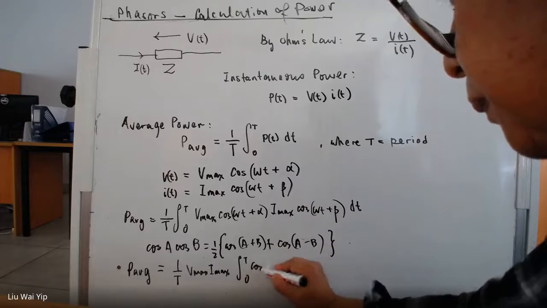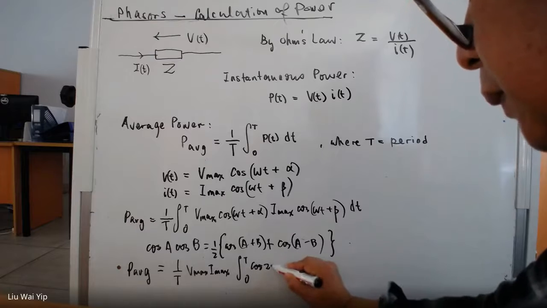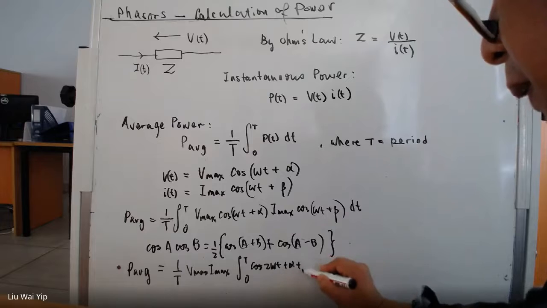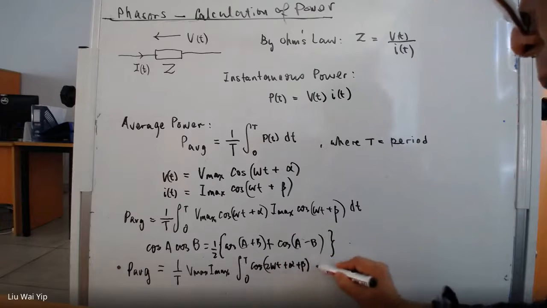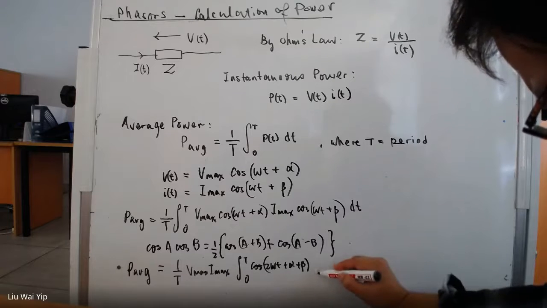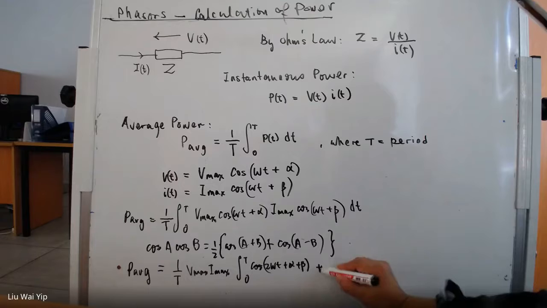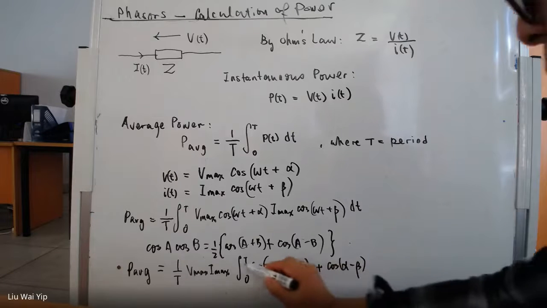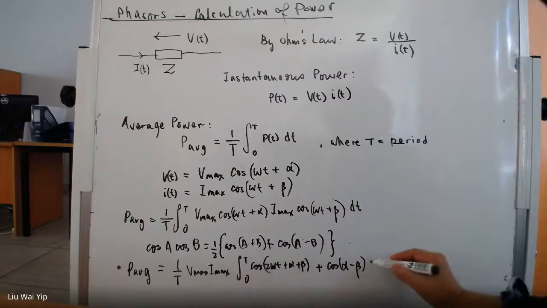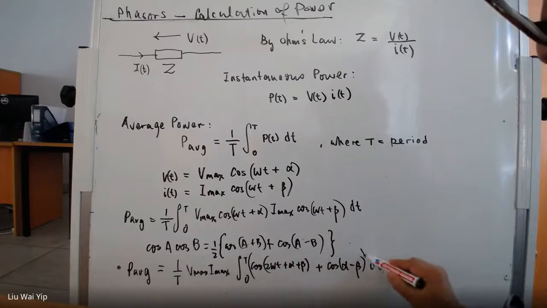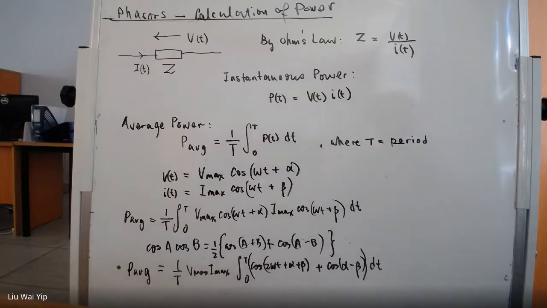Cos 2 omega t plus alpha plus beta. And then another function, cos alpha minus beta, and then dt. So we have this expression here. And it's much easier to handle.